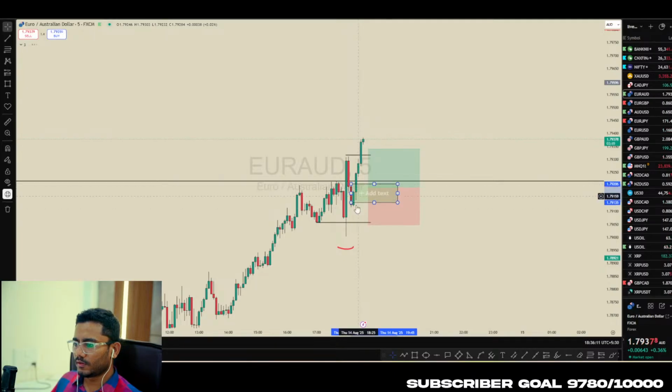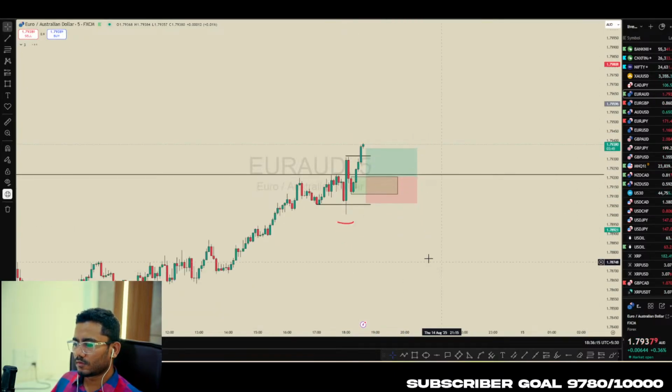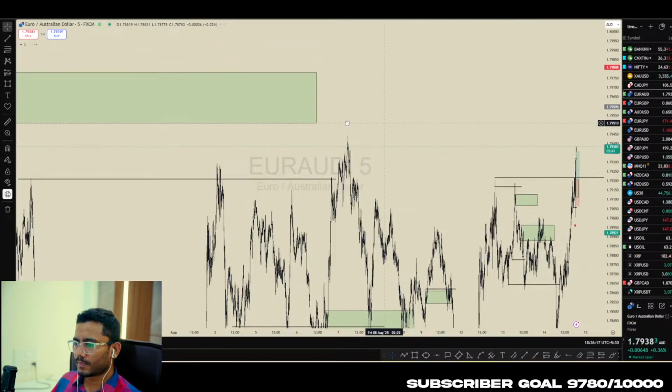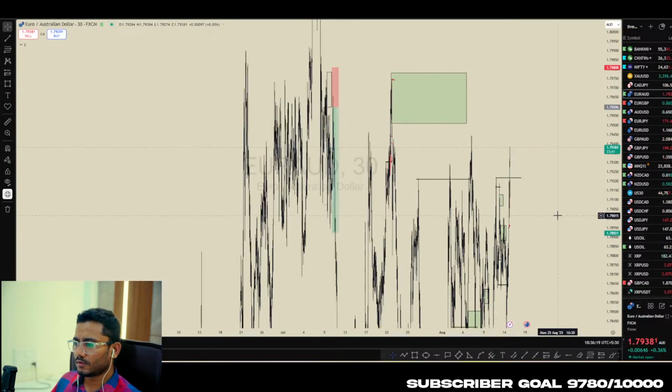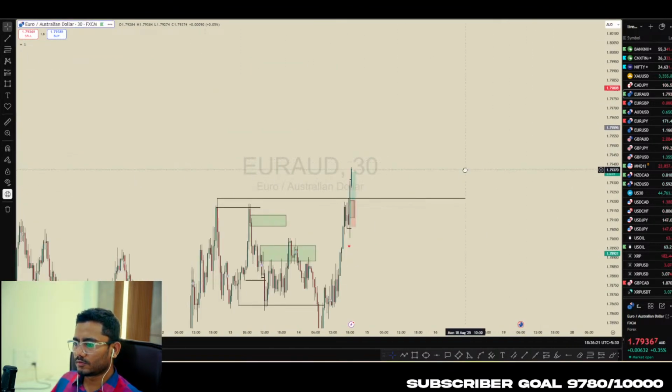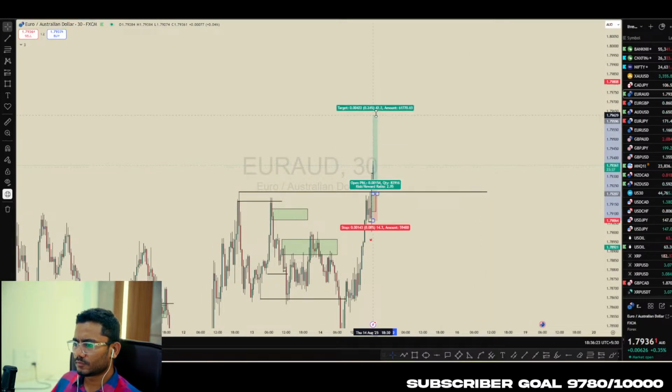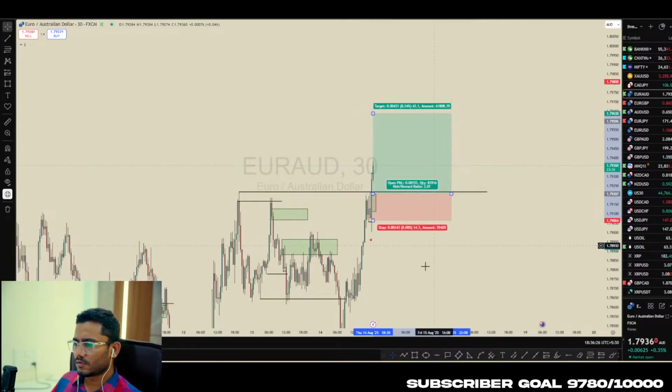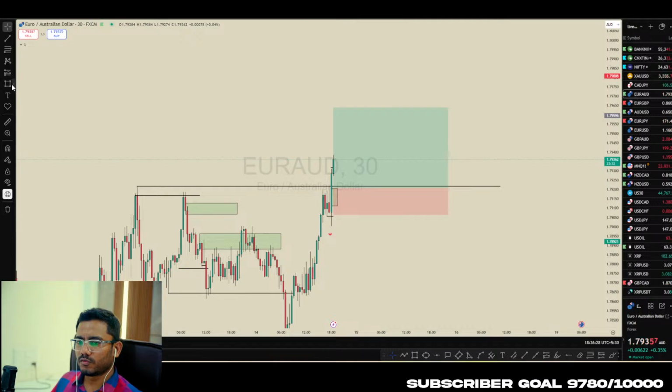We can refine this here till the 5-minute order block. Target the next order block. It's around 1:3. If you look for a chalk in this, then probably it will be more than 1:5, 6.